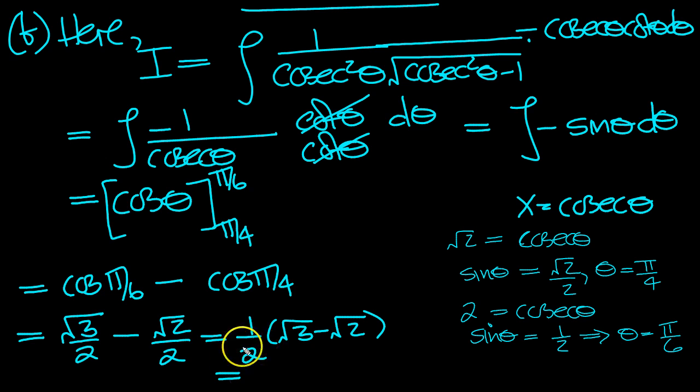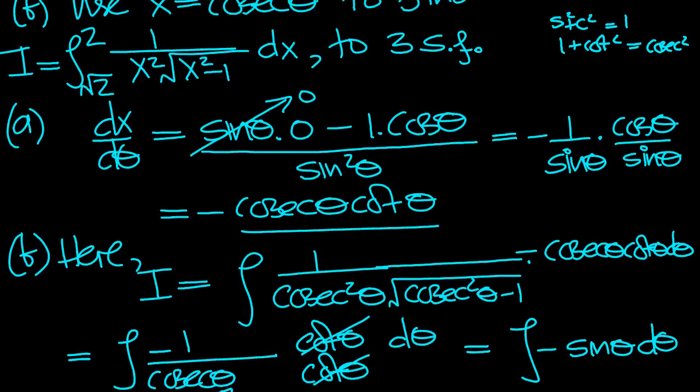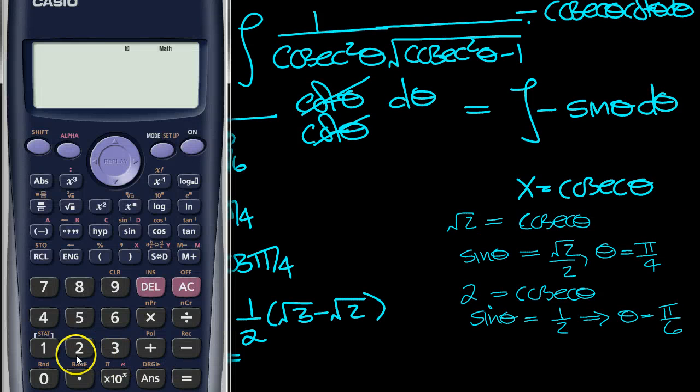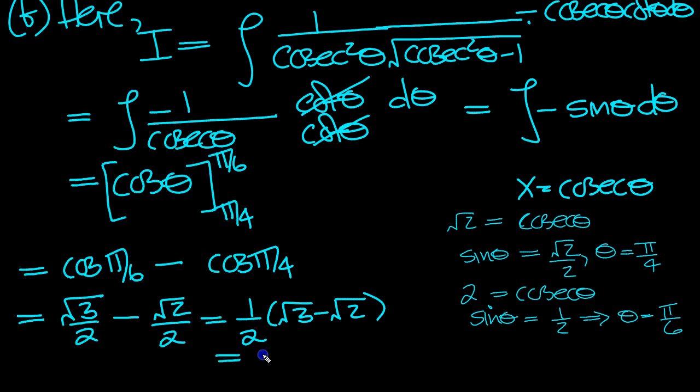Now we need to work this out to 3 significant figures, because that's what it said in the question. So it's 0.5 times bracket square root 3 take away the square root of 2, close that bracket, equals decimal 0.159, isn't it, to 3 significant figures? 0.159, and that's the answer there.